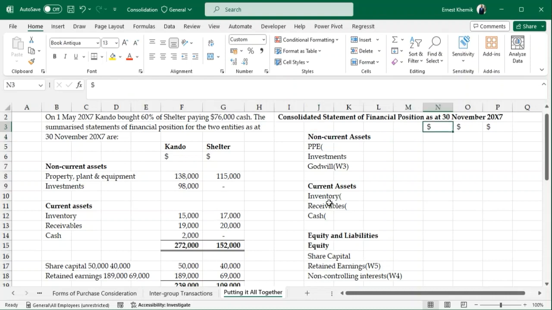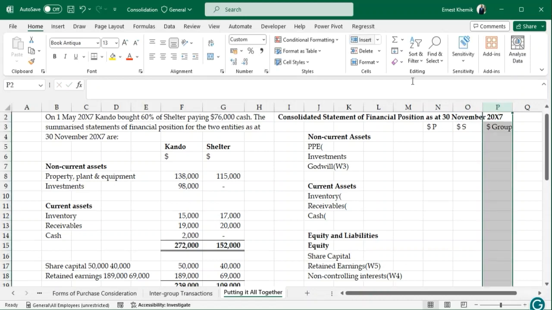Now when you look at it, I have put 3 formats here. Actually, these are for the parents, so I can put parent, and then I can also put my subsidiary here, and then the last one is the group.